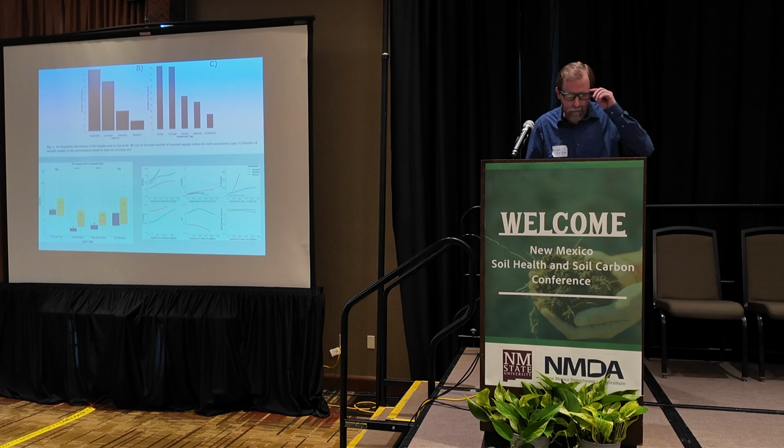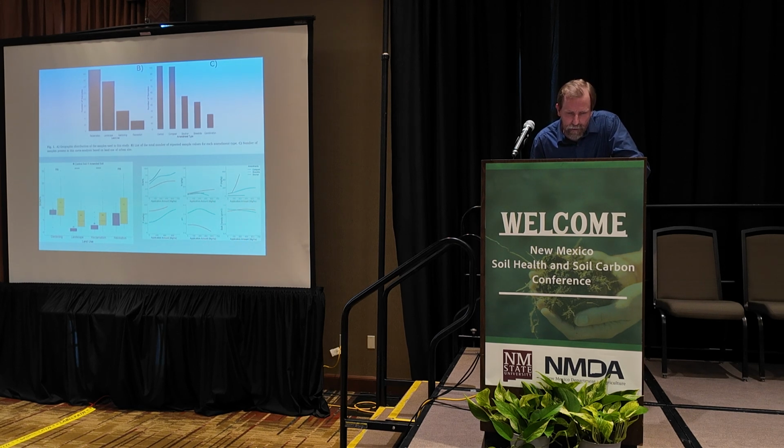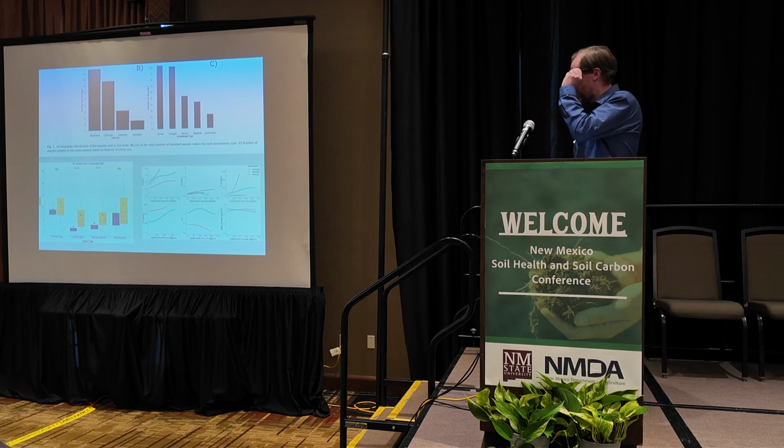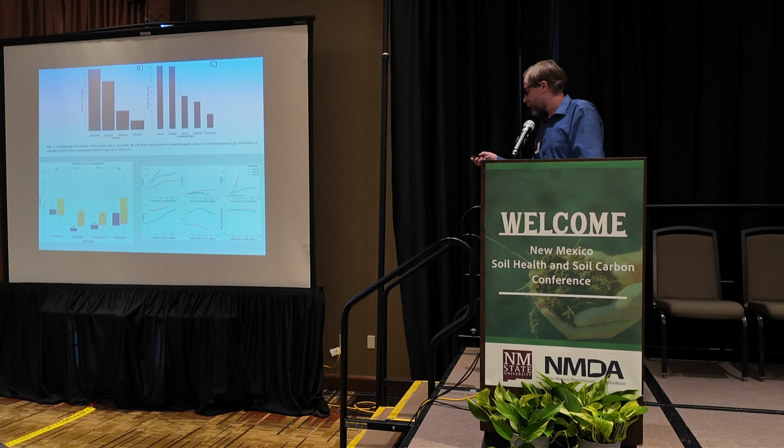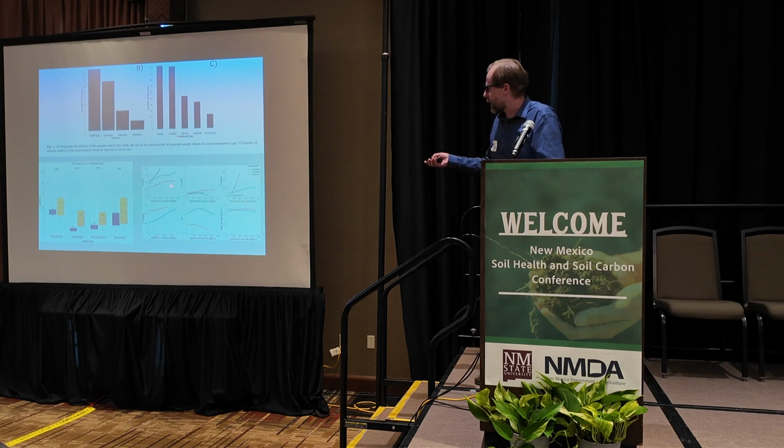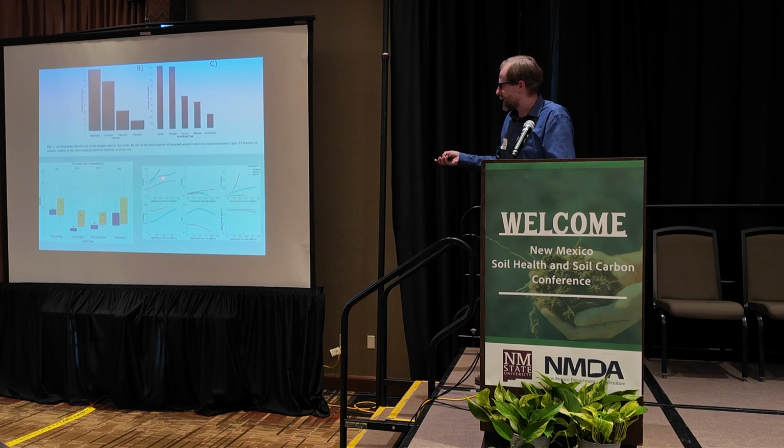And they looked into different amendments: control, compost, biochar, biosolids, and a combination. You see over here that if you compare the control soil and an amended soil, you increase your soil organic matter. Then they looked into different parameters with these different amendment types. For soil organic matter, again, biochar has the highest impact.